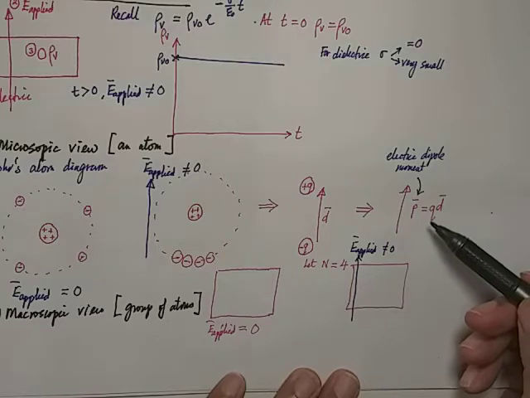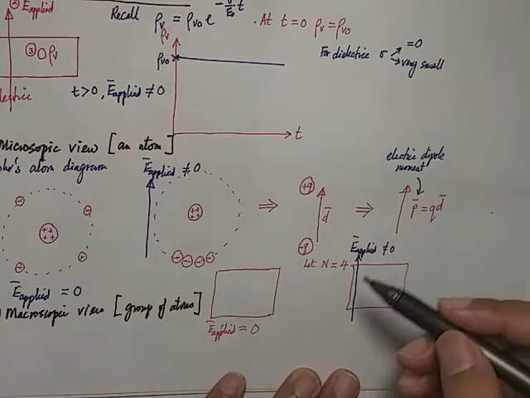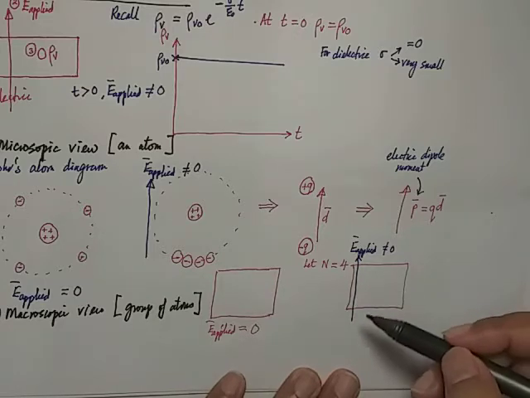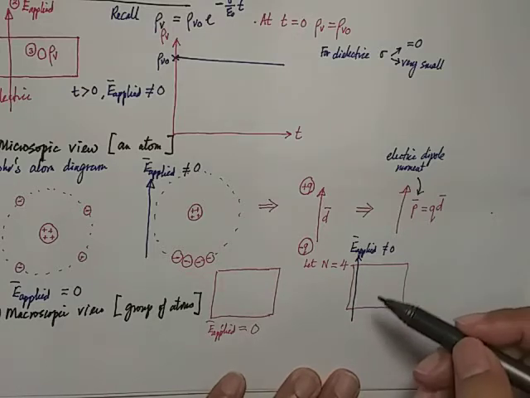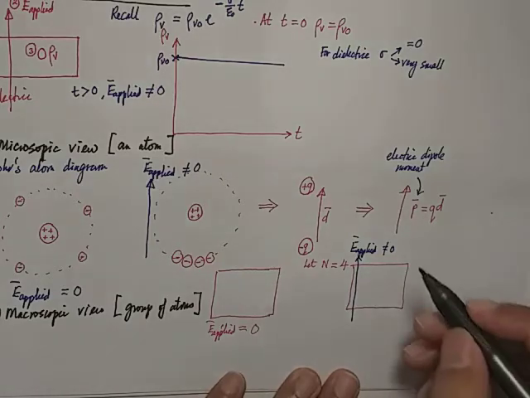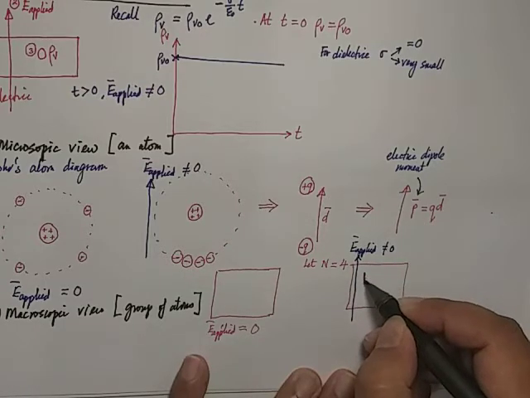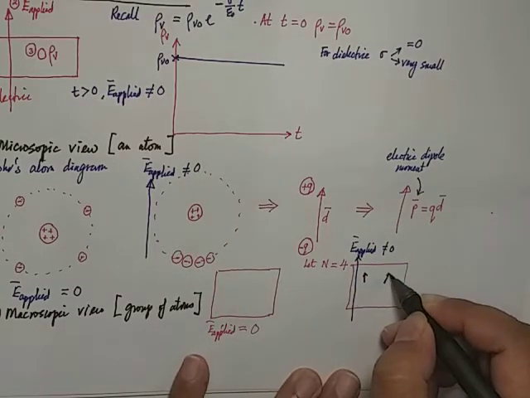That's one aspect of the behavior. Then all the atoms that exist in this dielectric have the same behavior. They're all producing their own electric dipole moment. So if you have 4 atoms, you're going to have 4 electric dipole moments in your model.